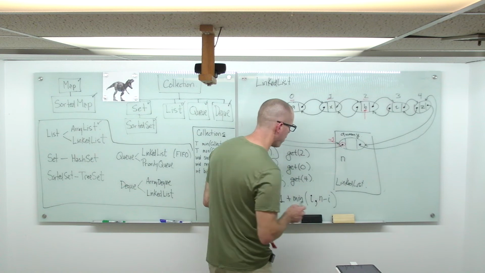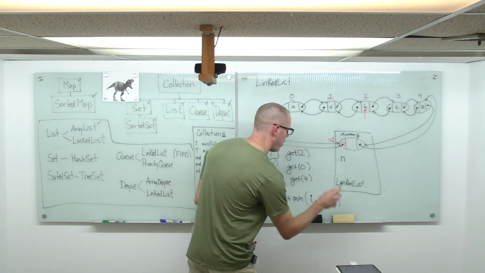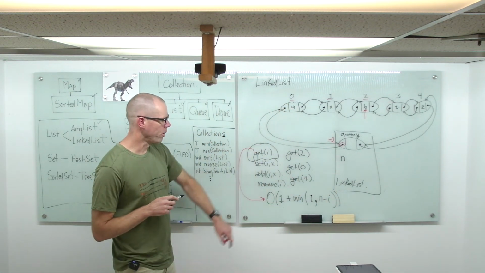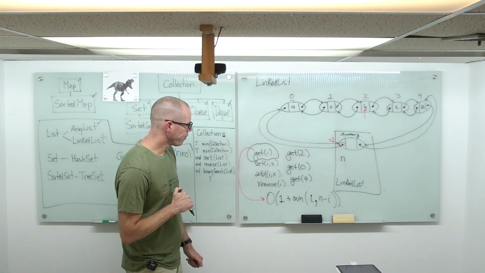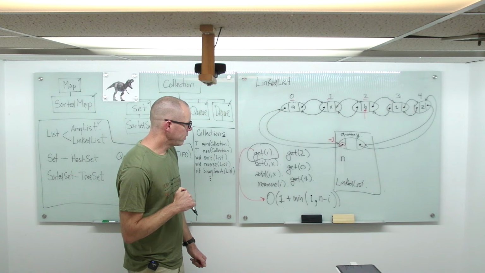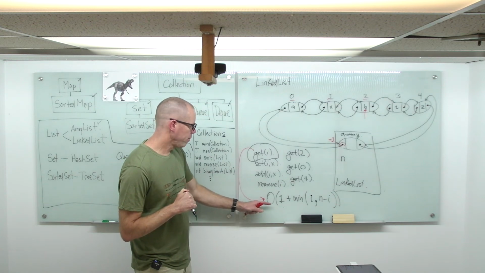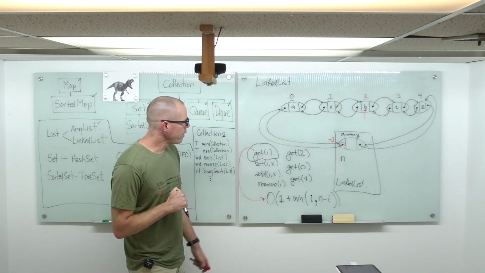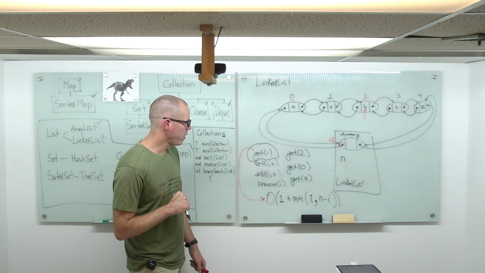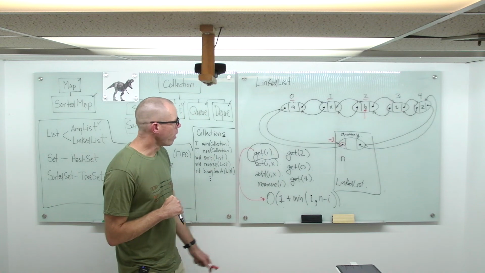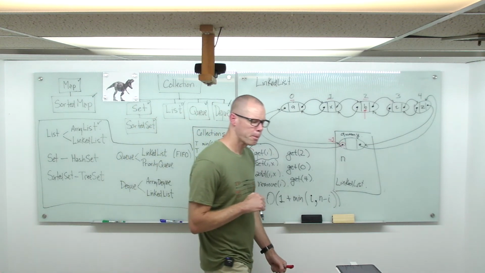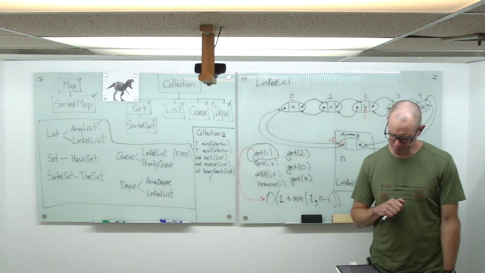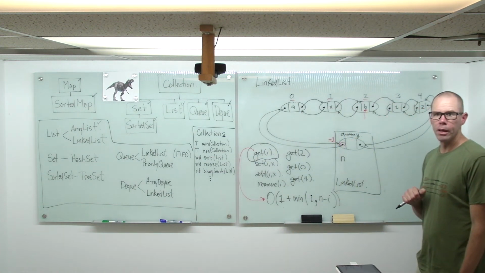It's actually n minus I minus 1, but the big O notation hides those little things. So this is the running time of the get method in a doubly linked list. It's basically how far the value is from the nearest end of your list. Okay? Is that clear?